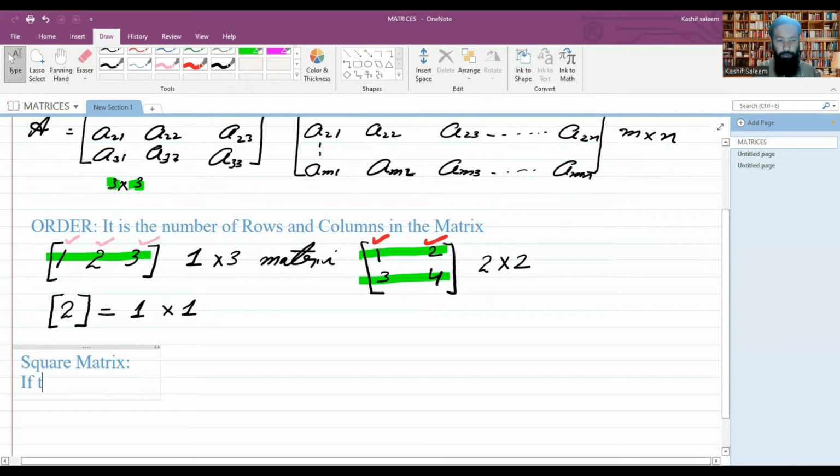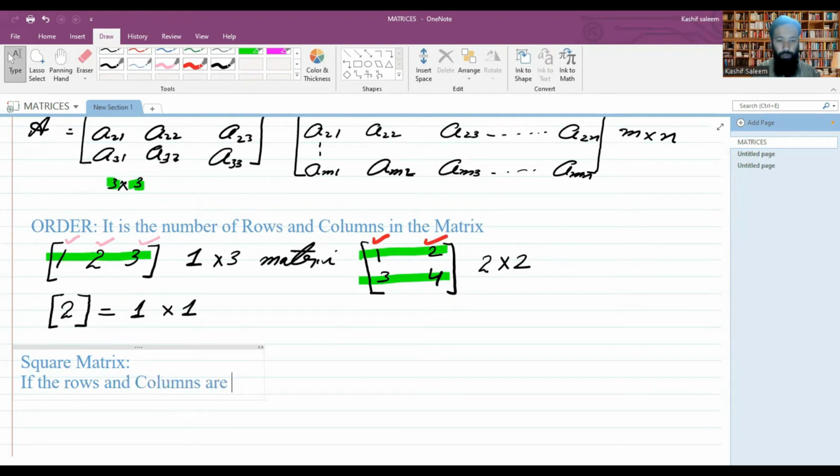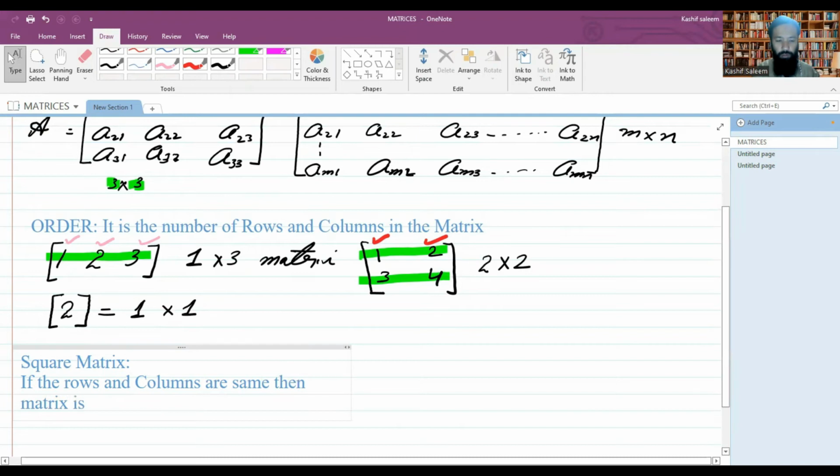If the rows and columns are same, then matrix is known as square matrix.